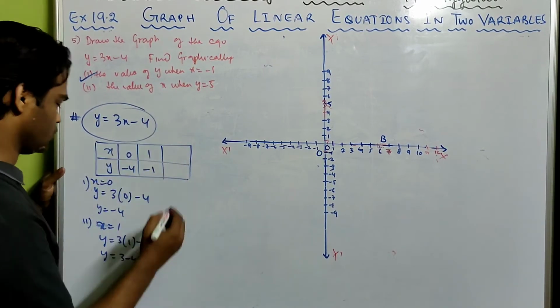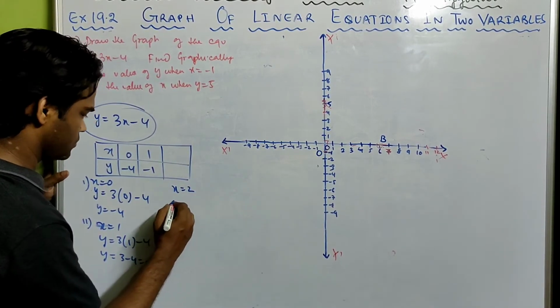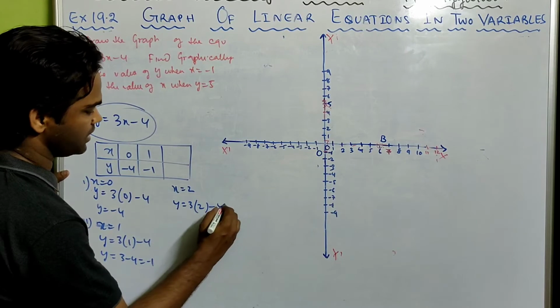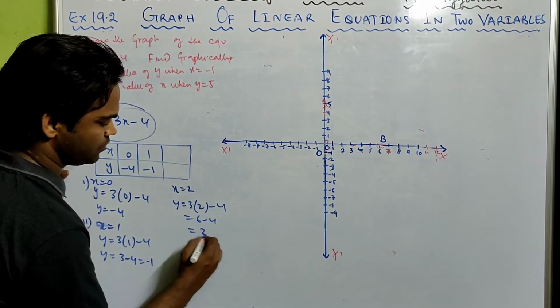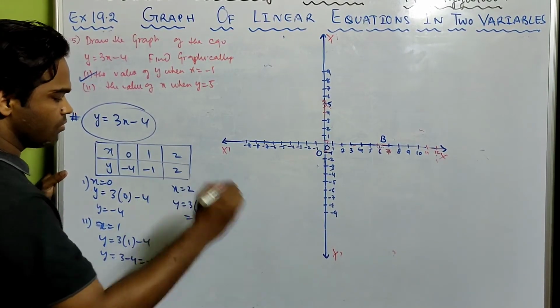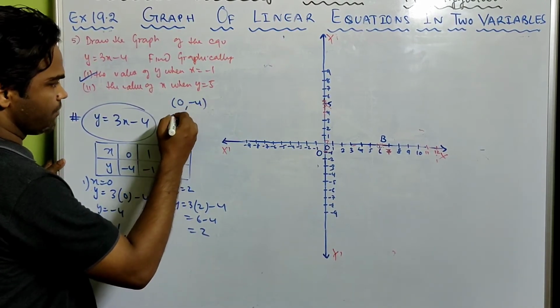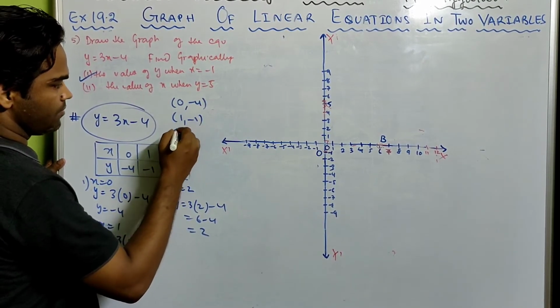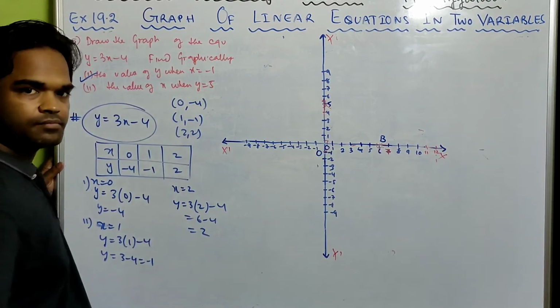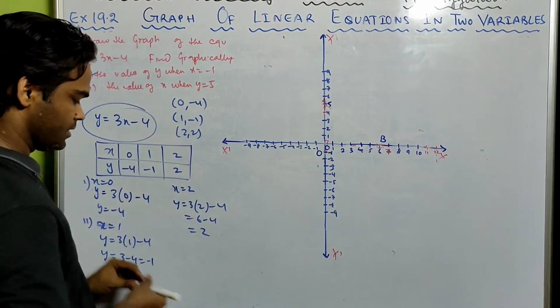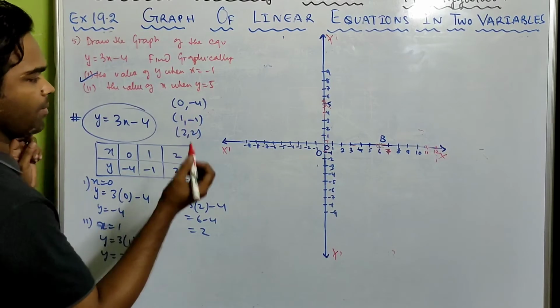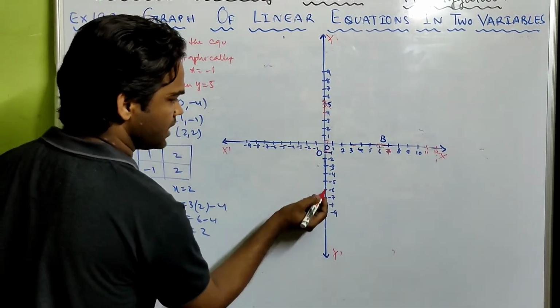Take x as suppose 2. X as 2. So, y is 3 multiplied by 2 minus 4. That's 6 minus 4. That's 2. So, when x is 2, y is 2. So, we got the points 0 comma minus 4, 1 comma minus 1 and 2 comma 2. We'll plot it. See, 0 comma minus 4. So, x is 0, y is minus 4.